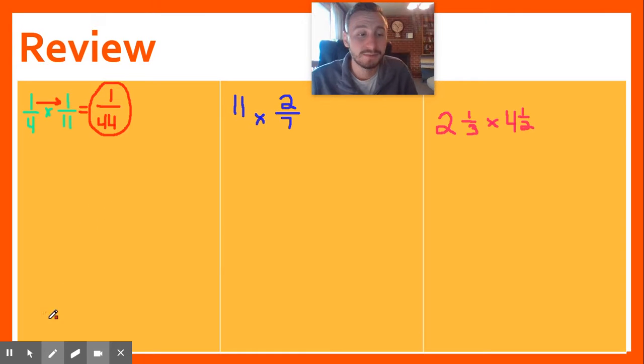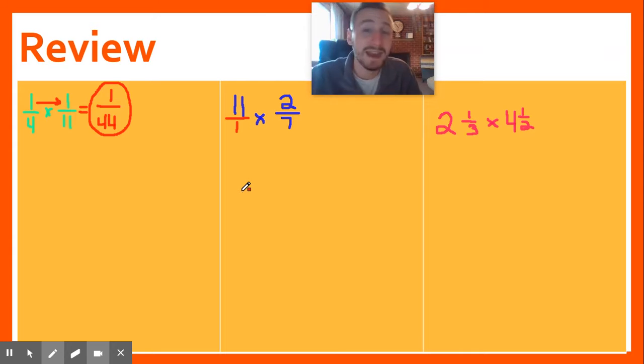Let's try the second one. It's 11 times 2/7. First, we need to line up our fractions. But the issue is, is this 11 a fraction? No. So we need to make it into a fraction. And it's really easy. Whenever you have a whole number, you just draw a line underneath it and you put a 1 underneath. And the reason we do that: what is 11 divided by 1? 11, because 1 times 11 is 11.